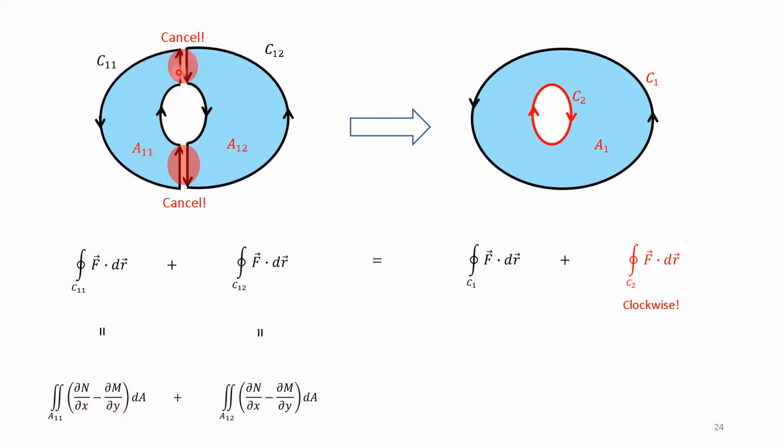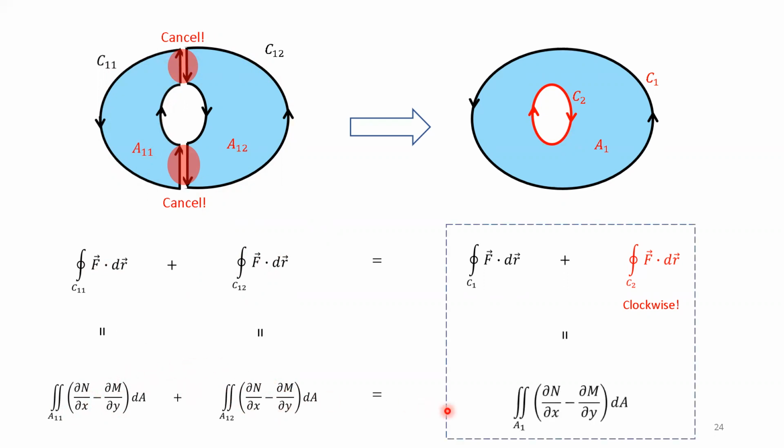And if I just consider the subregion A12, Green's theorem gives me this term. If I add these together, that is the double integral of this flux density for this entire blue region. And that's why Green's theorem is modified like this.